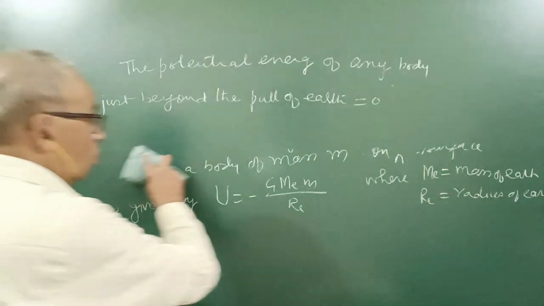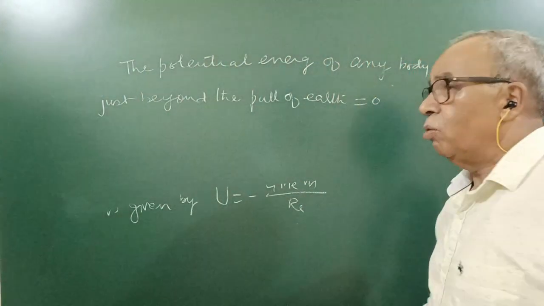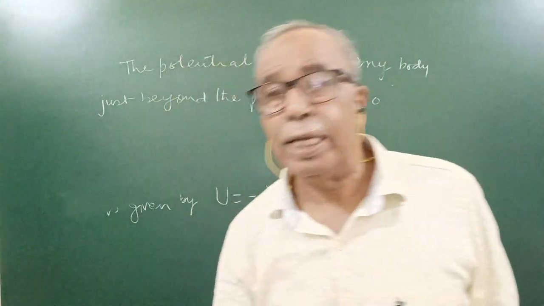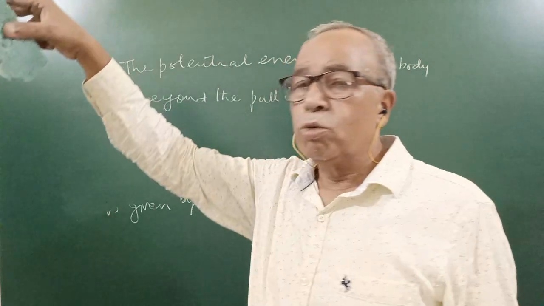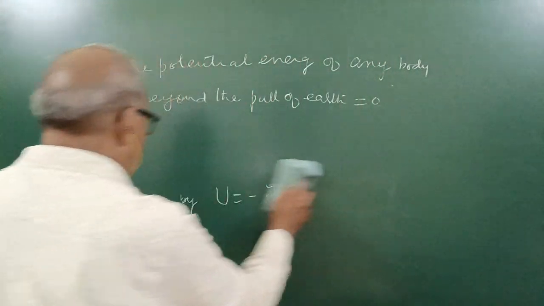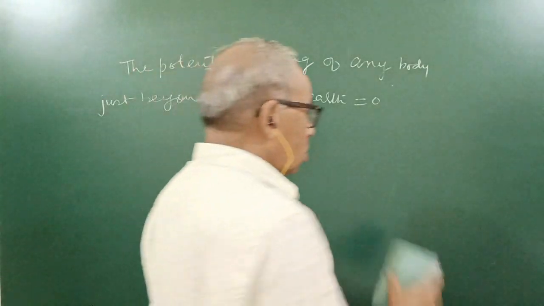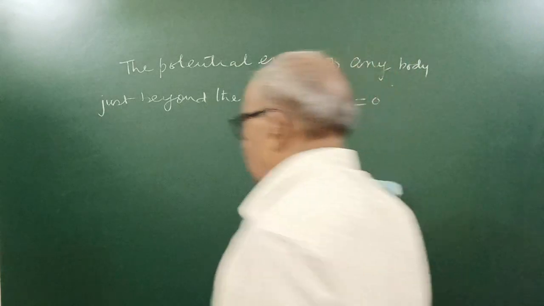So actually, to throw the body up, we have to do work. If you place any body from the ground to a certain height x, you do the work mgx. So in carrying the body from the surface and sending it beyond the pull of Earth, work is done.